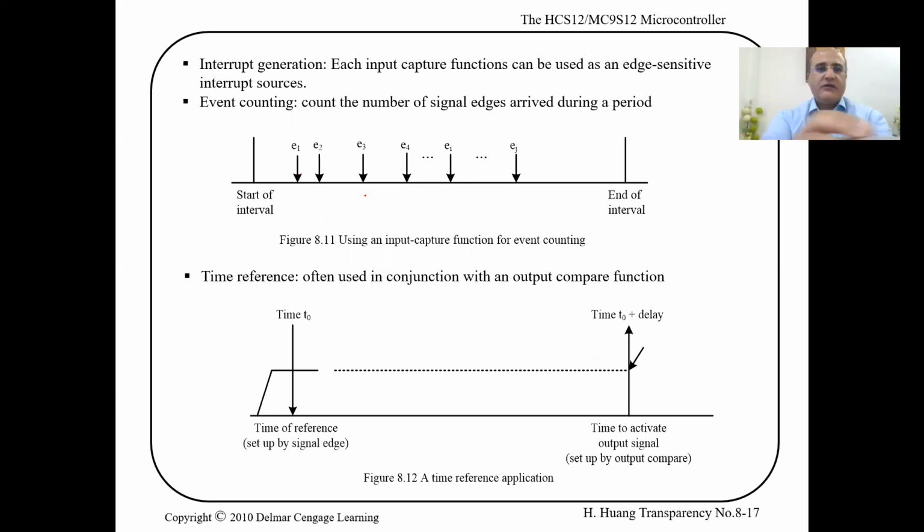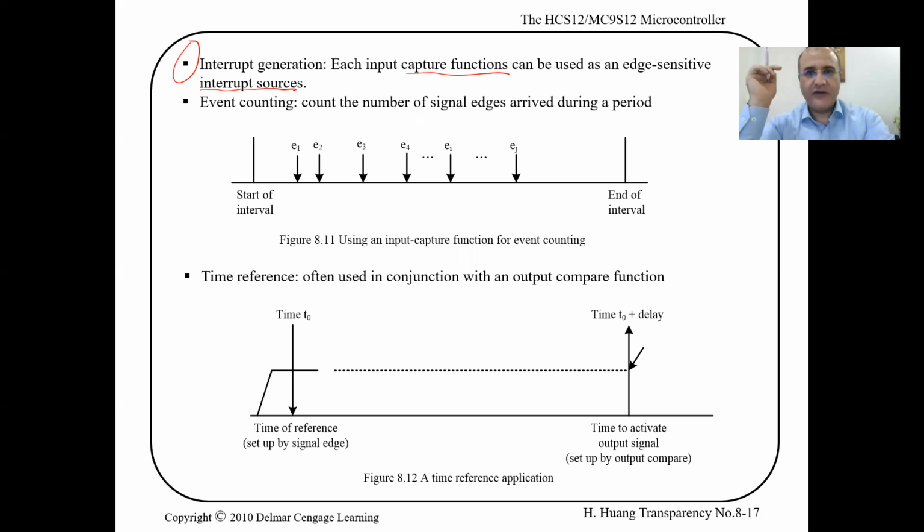And this is something that I just mentioned, that all the input capture functions can be programmed as interrupt sources. So when a rising edge comes, it will latch, capture the value of the TCNT timer, store it in the capture register, and generate an interrupt.